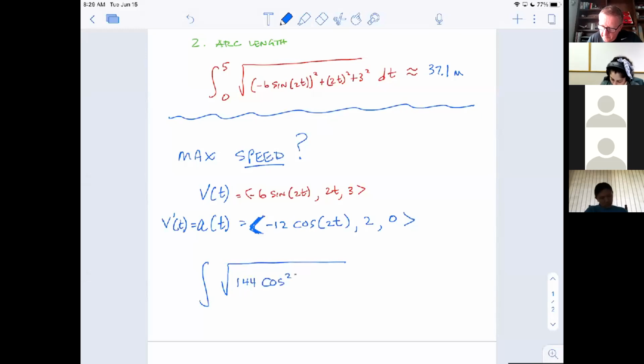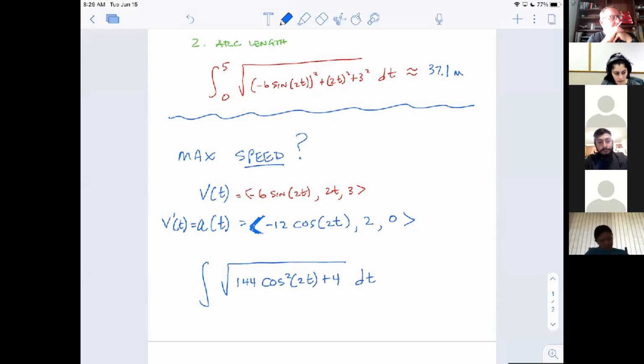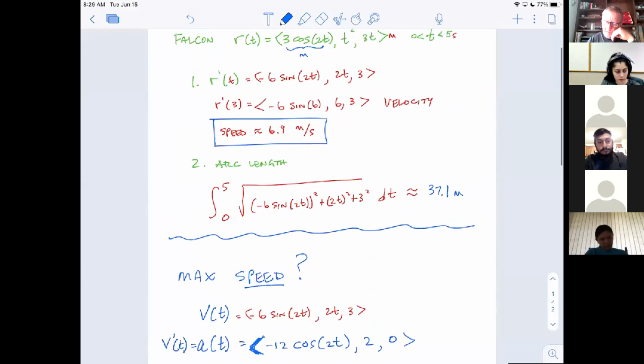And then I can write it as this. Now, interesting question. What is this being evaluated from? From what to what? Wouldn't it be 0 to 5? 0 to 5 would give us our, wait a second, speed. We did arc length.